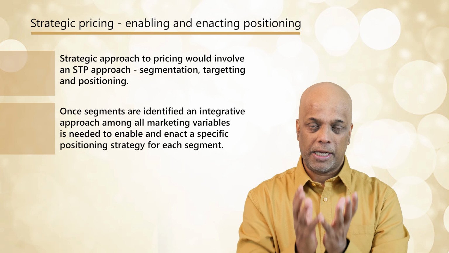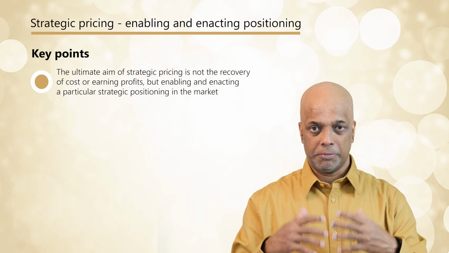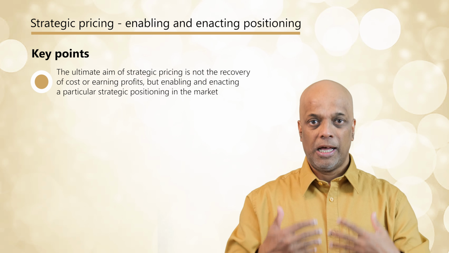So in an overall sense, to repeat what we discussed so far about strategic pricing, the ultimate aim of strategic pricing is enabling and enacting a particular positioning strategy. It is much more than recovering your cost and a profit margin. And in enabling and enacting such a positioning strategy, you have to use the price together with other marketing variables.